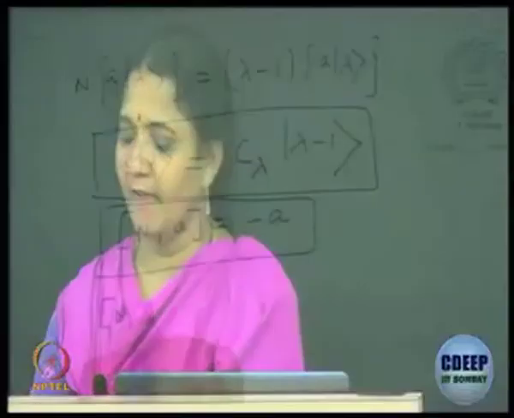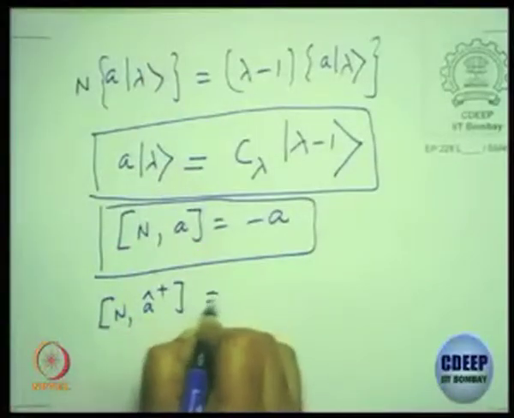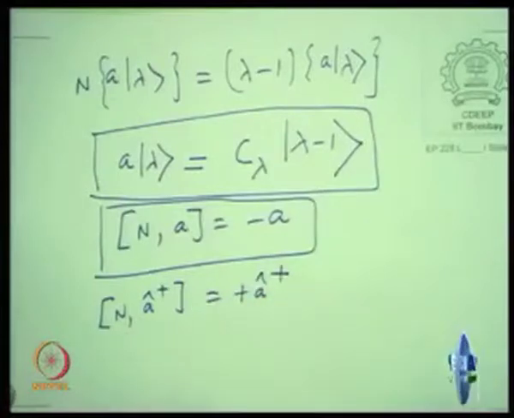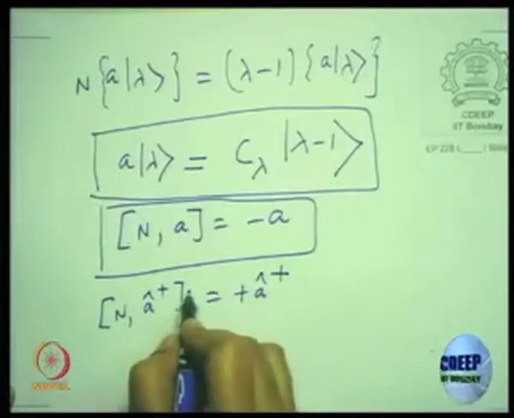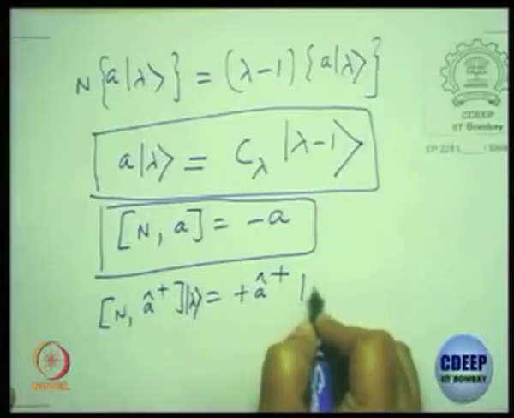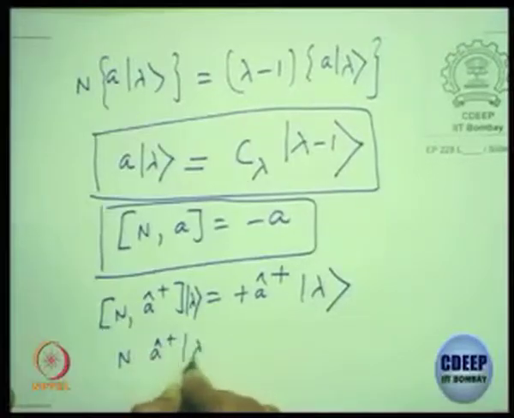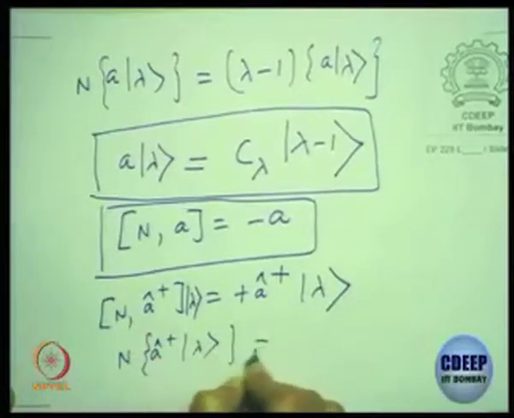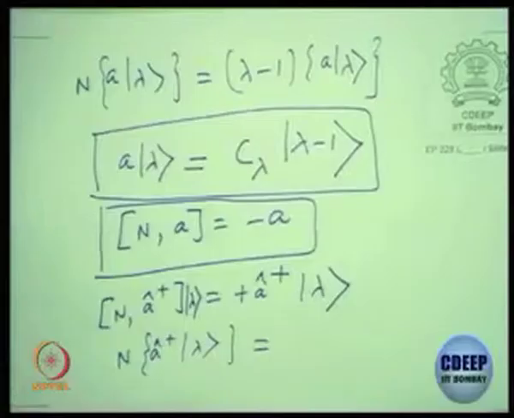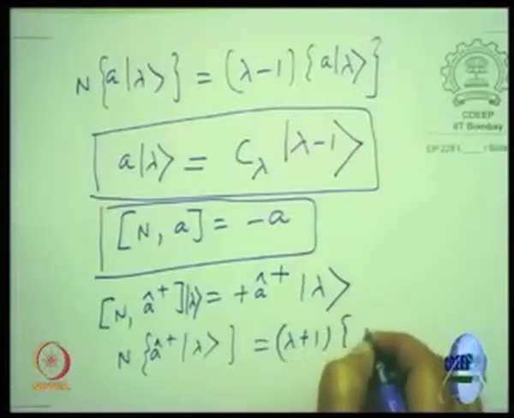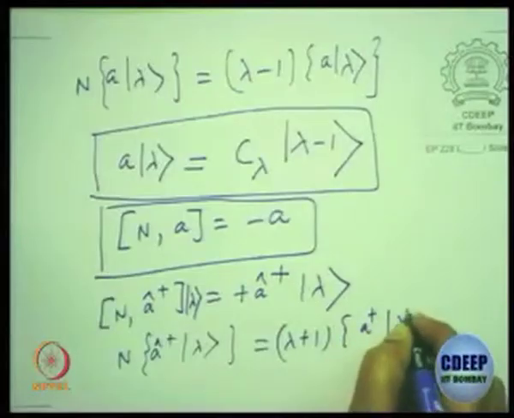Can you redo the same thing for N with A dagger? What is it? It's plus A dagger. Then operate it on the state lambda on both sides and write N operator on A dagger lambda to be lambda plus 1 times A dagger on lambda.